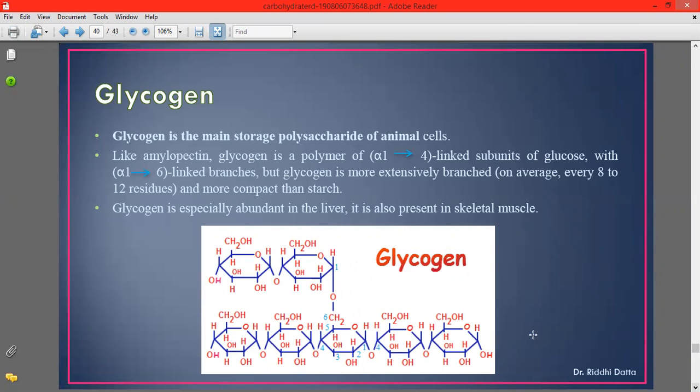Glycogen. Okay, so glycogen is the main storage polysaccharide of the animal cell. Like the amylopectin, glycogen જે છે બરોબર, that is a polymer of alpha 1 to 4 linked subunits of glucose with alpha 1 to 6 linked branches, but glycogen is more extensively branched than any other sugar. Okay, એટલે more branch જે છે sugar, that is the glycogen, and that is present abundantly in the liver.